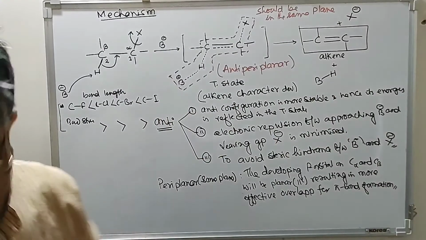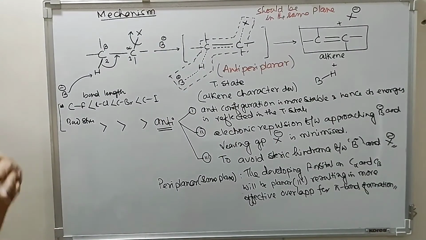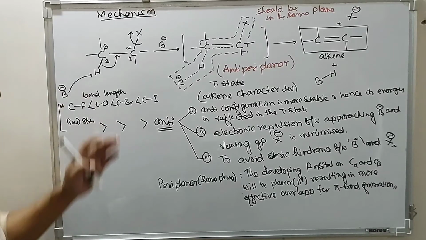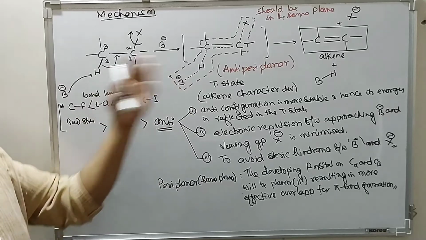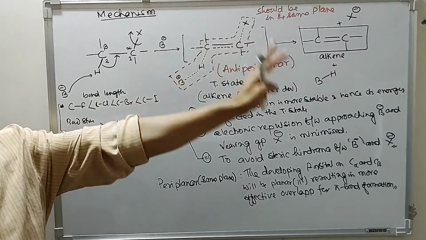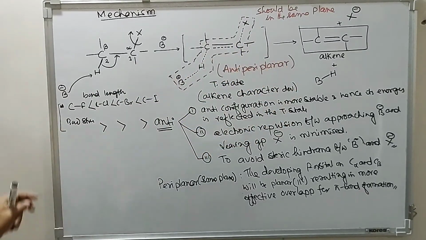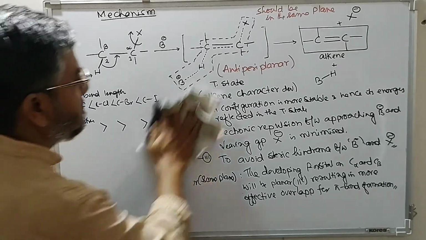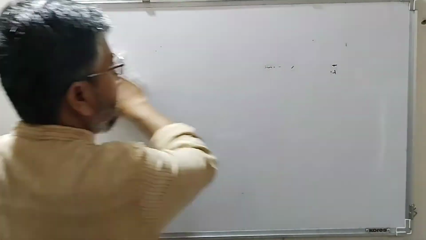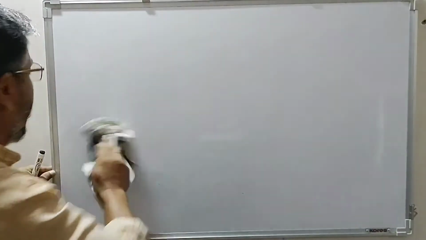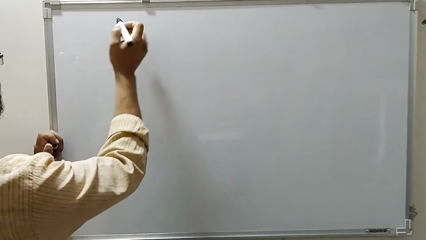Now coming to orientation of E2 reaction, let's explain some examples. So I hope the points discussed are clear to you. Now we'll take up examples, and from this example we'll explain the orientation factor. So orientation in E2.